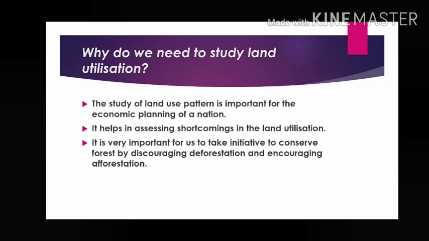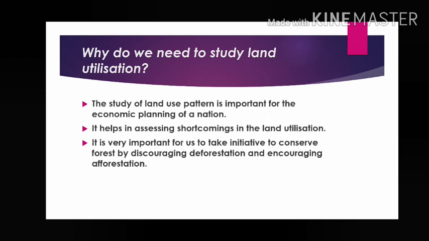What is the reason to find out like that? Already we have discussed this pie chart, that 46% area of India is used for which thing? Crop cultivation. 22% area of the total land of India is used for forestry. What is the reason to find out this thing? Why do you have to collect the information?